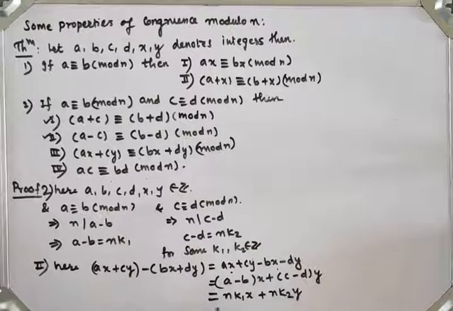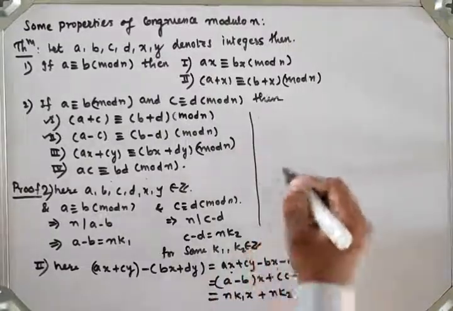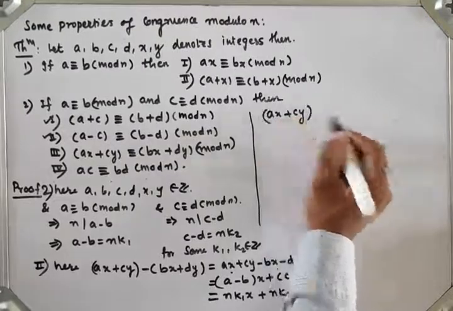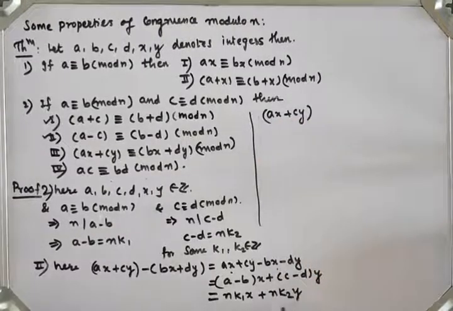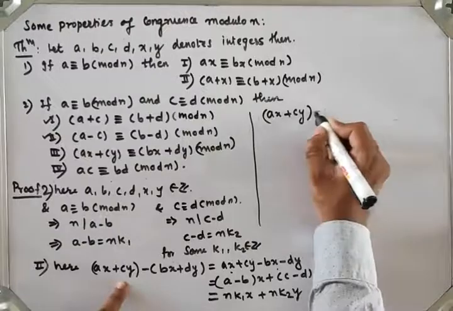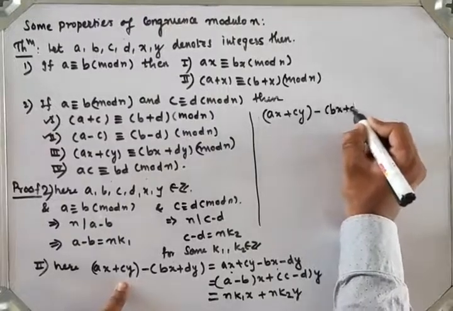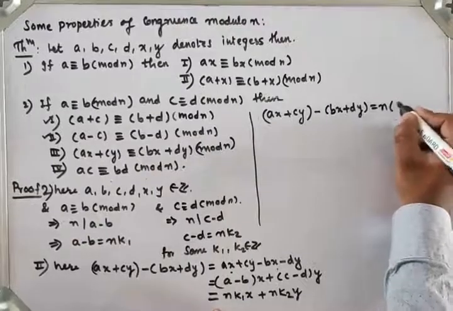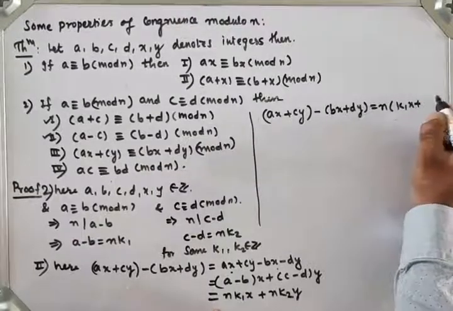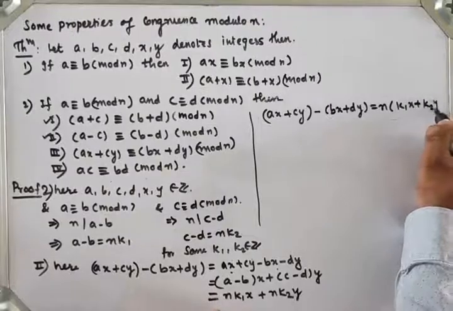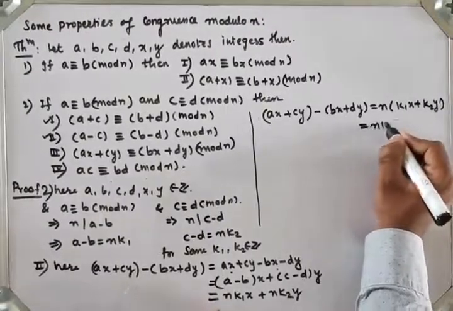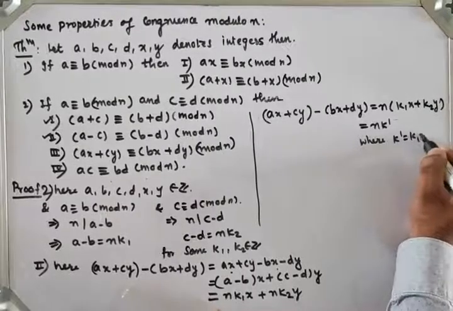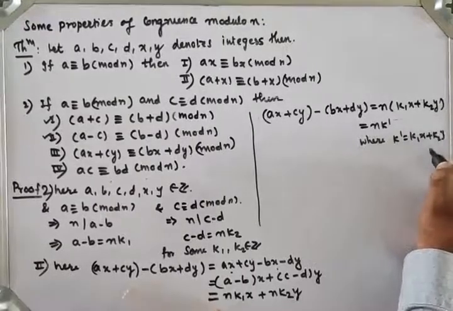So here our left hand side ax plus cy minus bx plus dy is equal to, taking n as a common, n into bracket k1x plus k2y. So I will write it as n into k dash, where k dash is nothing but k1x plus k2y, which belongs to the set of integers.